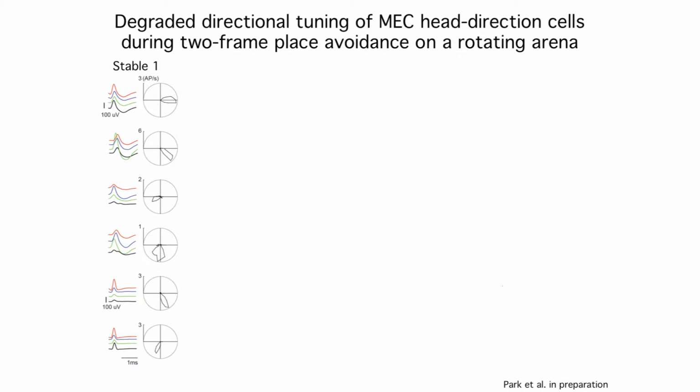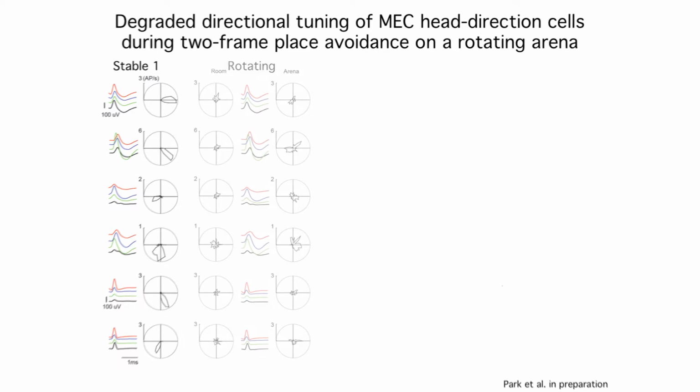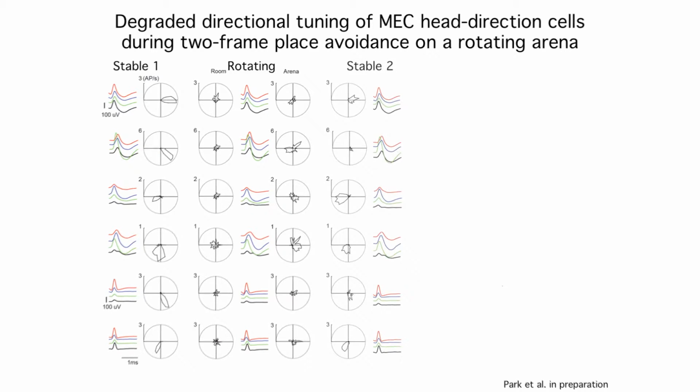But we were very surprised, and in fact, Hay was not just surprised, but very distraught actually, that when the arena was rotating and you plotted those directional tuning curves, the directionality seemed to have strongly degraded. In this case, it looks particularly bad. And she didn't lose the cells, but when she stopped the rotation, directionality returned.